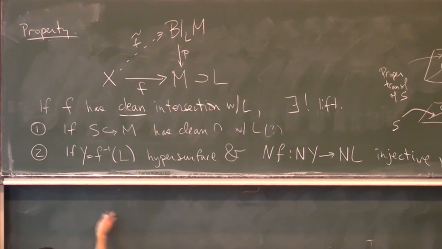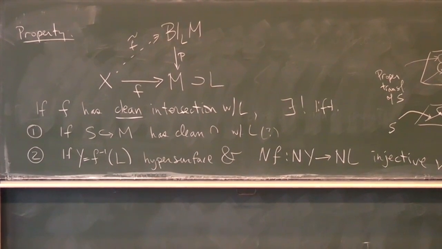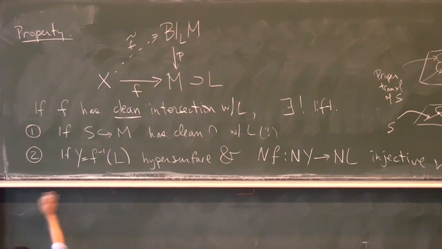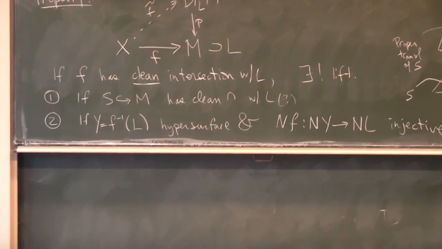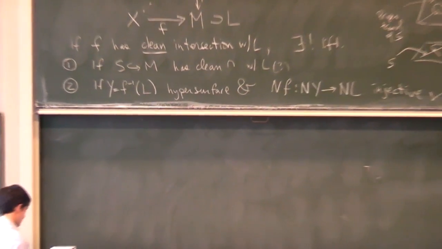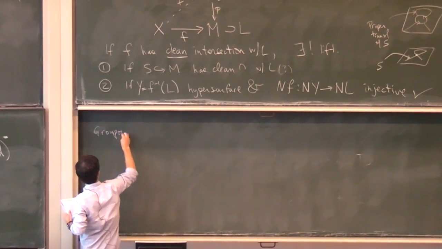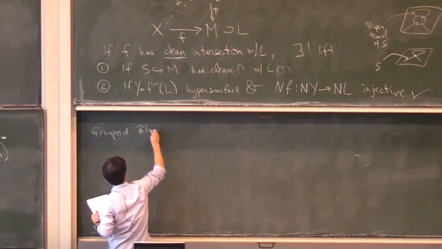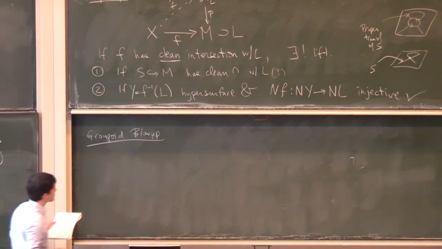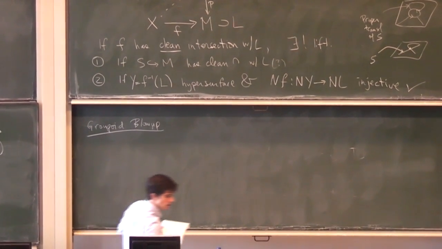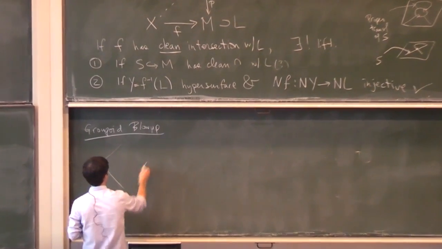So let me give an example. Let me try to blow up the simplest groupoid. Let's look at the pair groupoid of an interval.